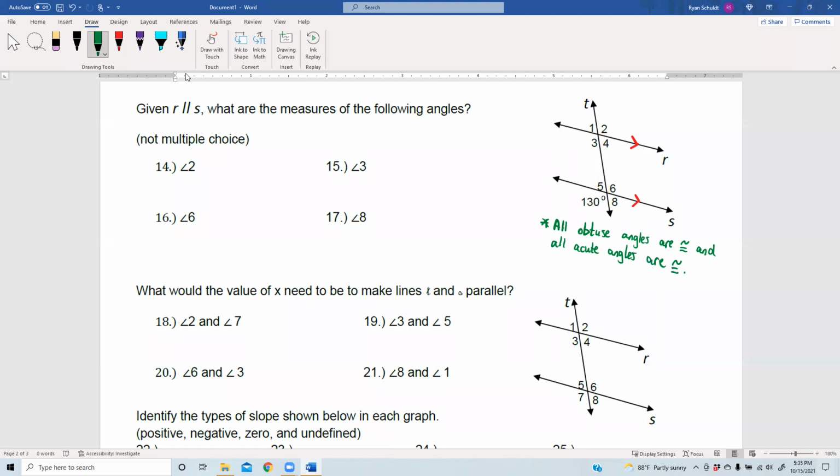So what that means is, if it looks like it's obtuse, then it is going to be congruent to each other. So this 6 right here, that's going to be 130 degrees. It's obtuse. This 3, it's going to be 130. This 2 is going to be 130.